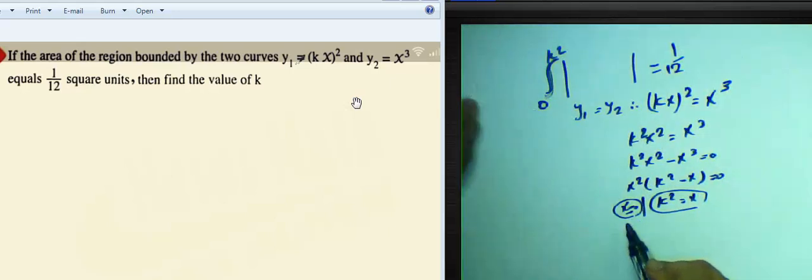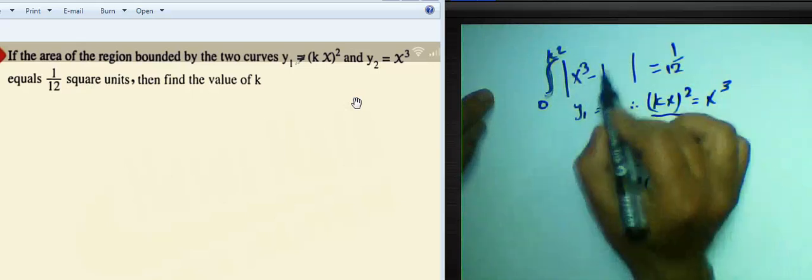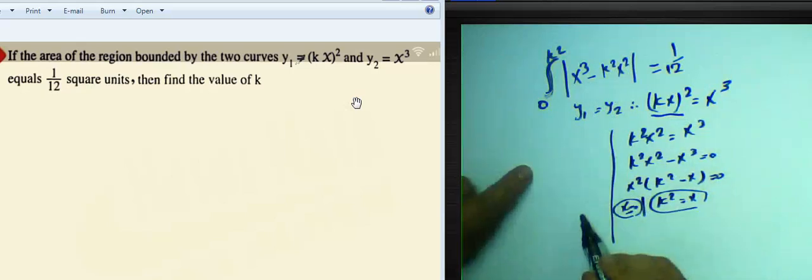Okay, we can write x³ subtract this function k²x², and we will solve it here.